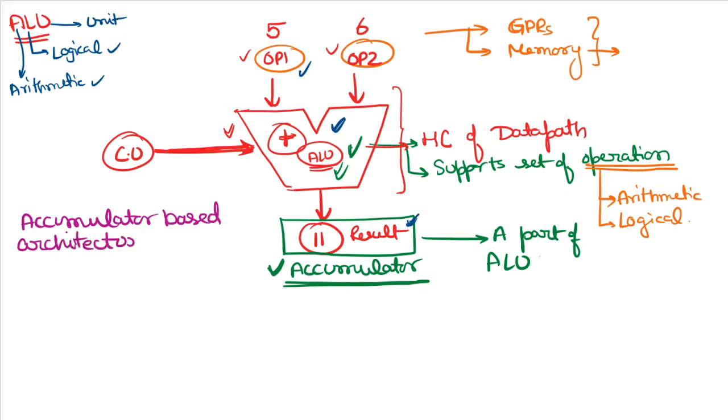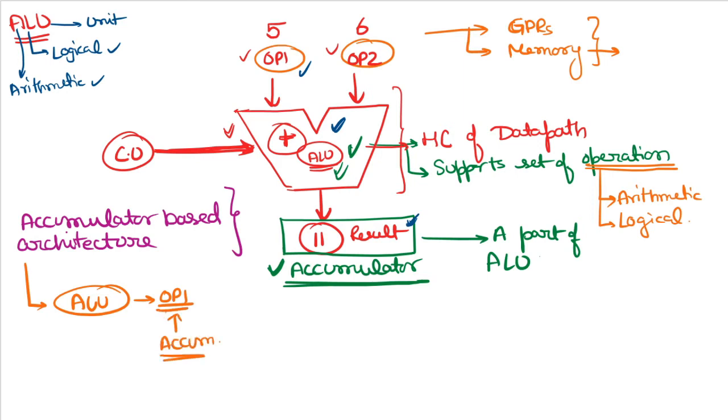Whenever a CPU follows accumulator based architecture, the ALU will always take one operand, for example operand 1, from the accumulator.